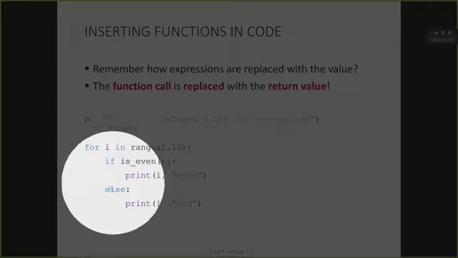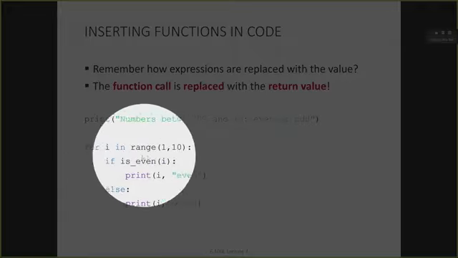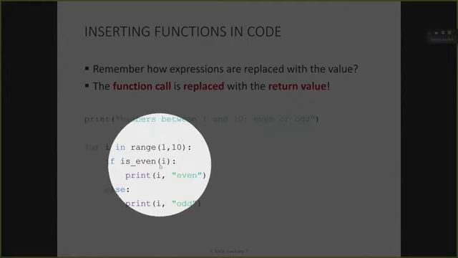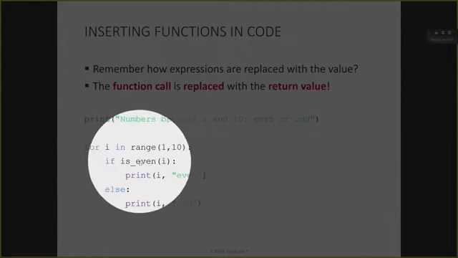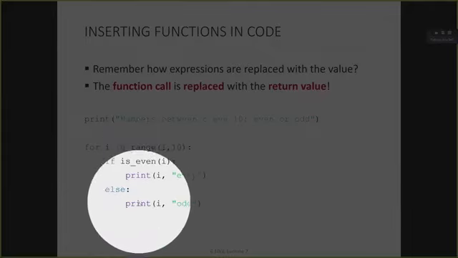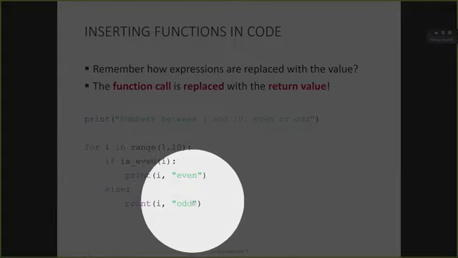So that's fine. Let's use the is-even result, the return from the is-even method, inside a conditional. If calling is even with i returns true, that means the number is even, so we print that value, comma, even. Else, we print that value, comma, odd.